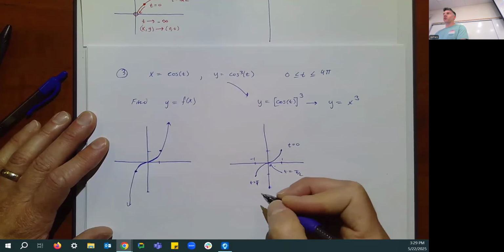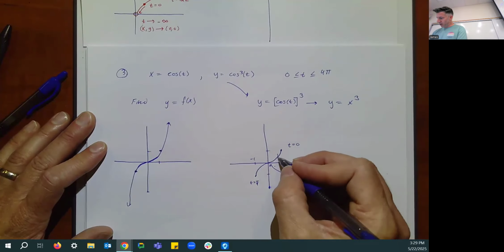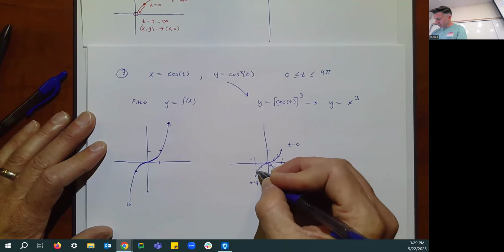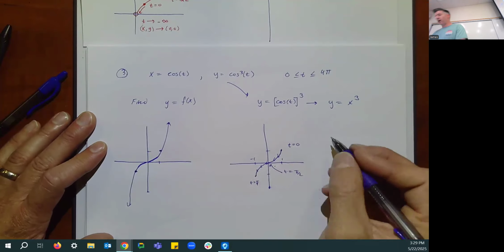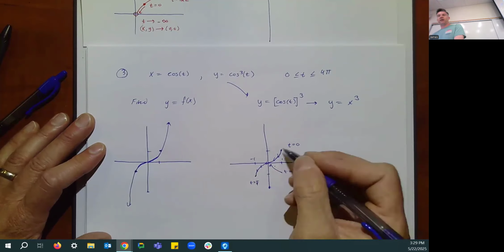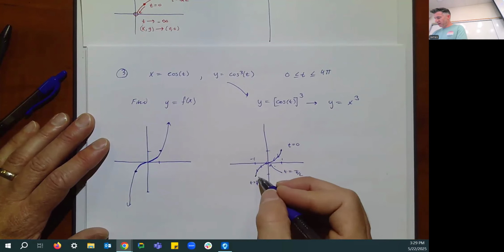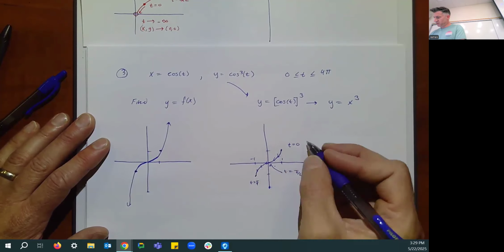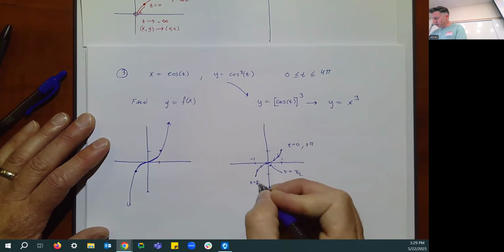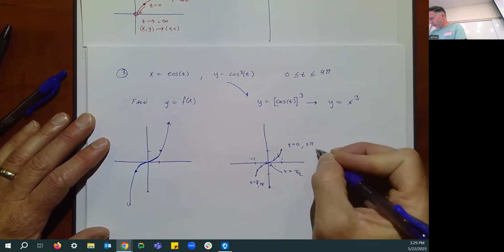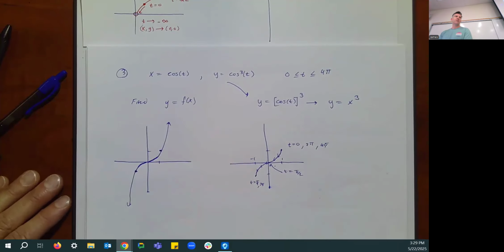And then it's going to reverse course and go back the other way, and back again. It's going to do that 4 times: 0 to pi, pi to 2 pi, 2 pi to 3 pi, 3 pi to 4 pi. So we end up where we started.